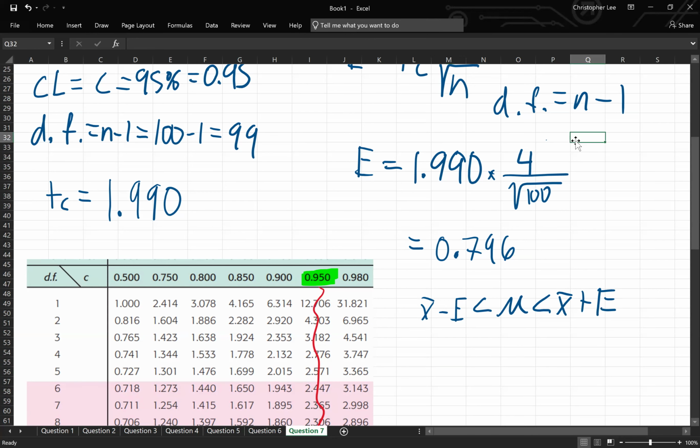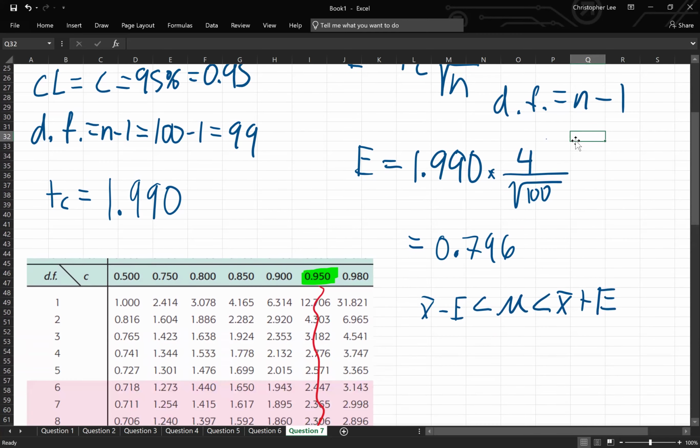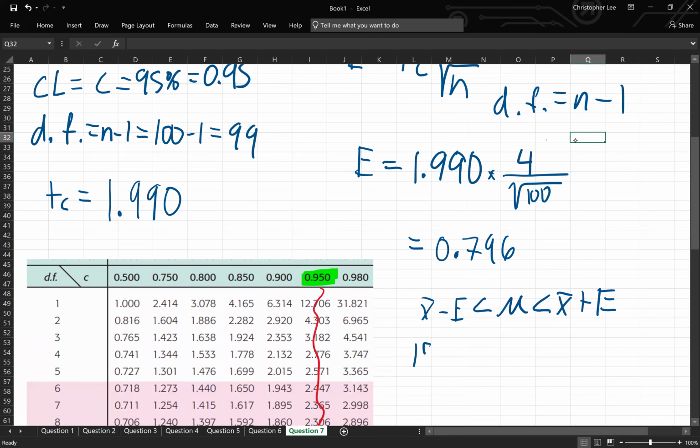My x bar in this case was 15 minus the 0.796 less than mu less than 15 plus the 0.796. Little math in the calculator, and we're done.